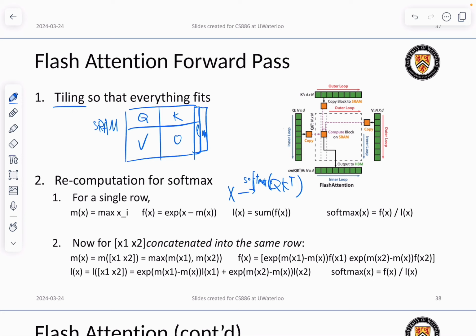So what does the softmax function look like? Okay, so suppose that this matrix.